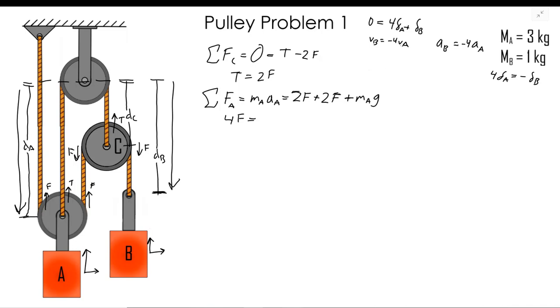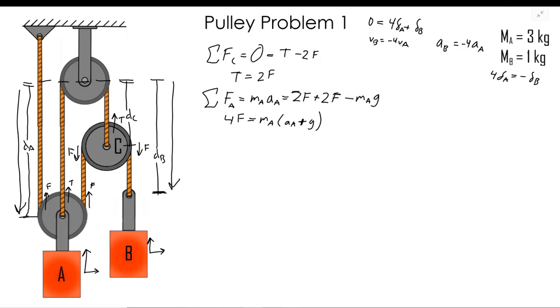Okay, cool. We rewrote that as negative. So if it's negative, we're going to add it over here, and then I'm going to take out MA from it all. So AA plus G. So that's our first equation.